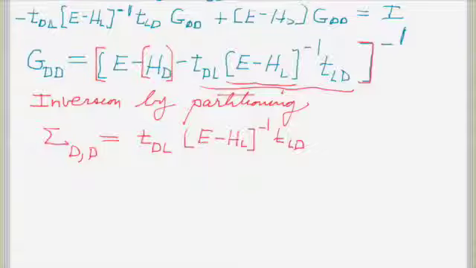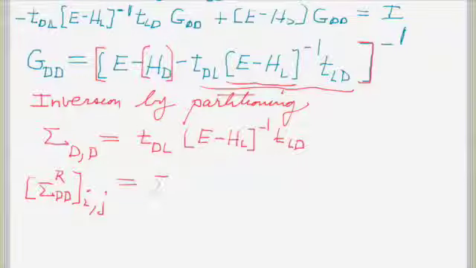And this is exactly what I was just saying. So if you think of what this means, break it down into indices. So sigma R_dd, i comma j, is going to be equal to, so I'm going to use Greek indices for those that are in the left lead.